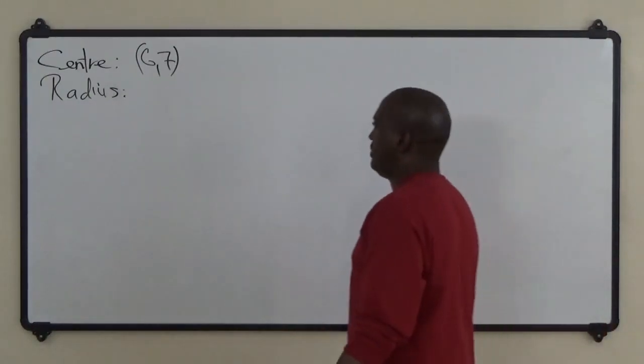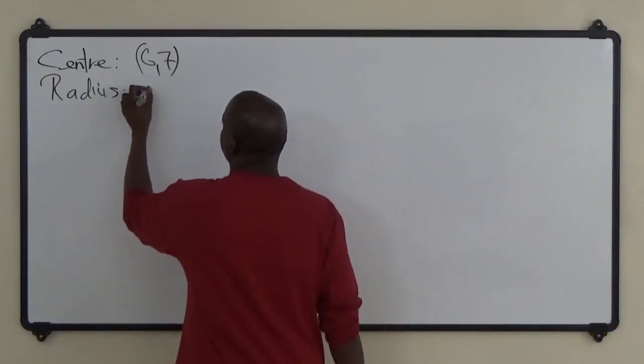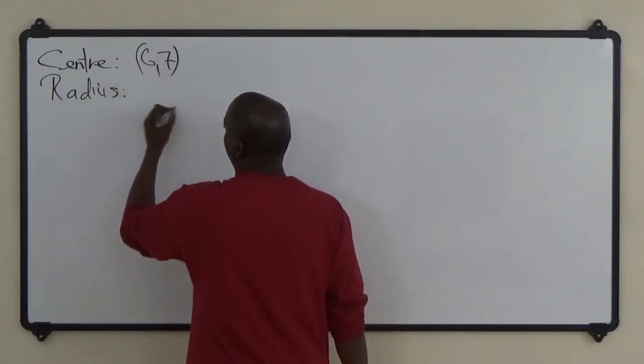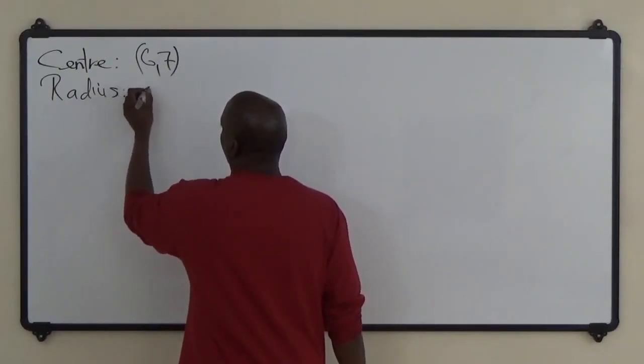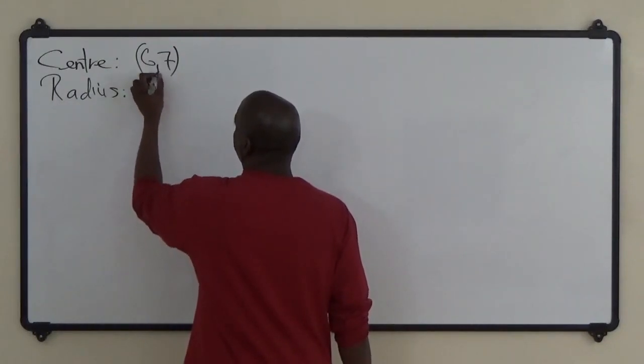Let me say 8, just for the sake of argument. 6, 7, and the radius is, no, let me leave the radius as 5, all right?